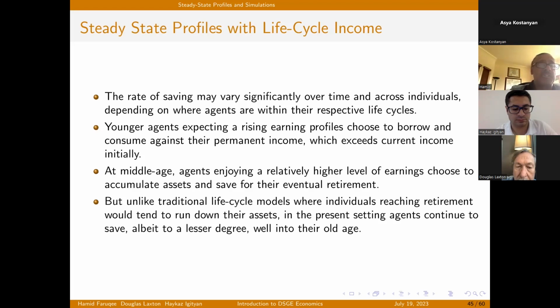Middle-aged agents will eventually start to see their income level peak and come down, and they'll want to maintain their consumption levels in the absence of labor income. So they have consumption smoothing both on the front end and on the back end, and that's effectively what the permanent income hypothesis would suggest. That's what we would think about for the steady state profiles for consumption relative to income in the case of life cycle income profiles.